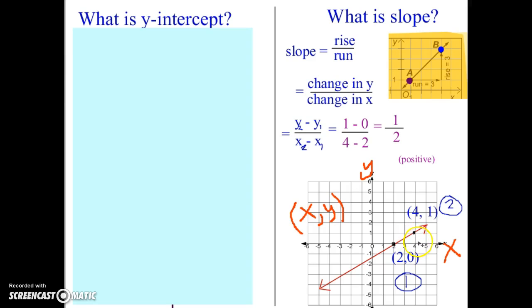So we do that, y minus y, and then we do x minus x, 4 minus 2. And up here we say 4 minus 2, x minus x. So this is the run. The run is the change in x, which is 4 minus 2. So in both ways we get 1/2 for the answer.